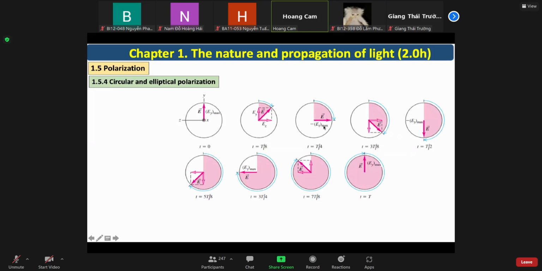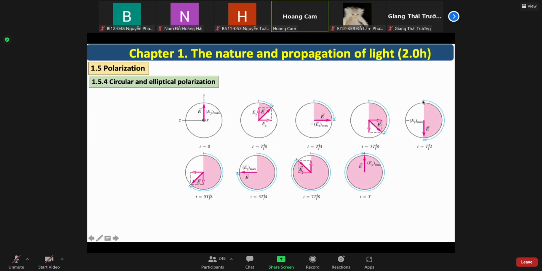However, it is at the amplitude value. And continuing to half of the cycle, now EZ becomes 0 and EY becomes the maximum amplitude, but in the negative direction, so we have minus EY max. It's still at the amplitude, only the sign is positive or negative.